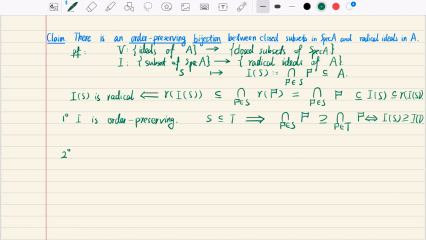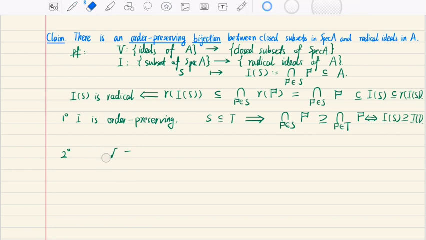Usually it is very hard because we change the domain and the target, but we can use a very standard trick. Let's think about IVI, VIV, sorry, the composition of these. Let's see what this is.